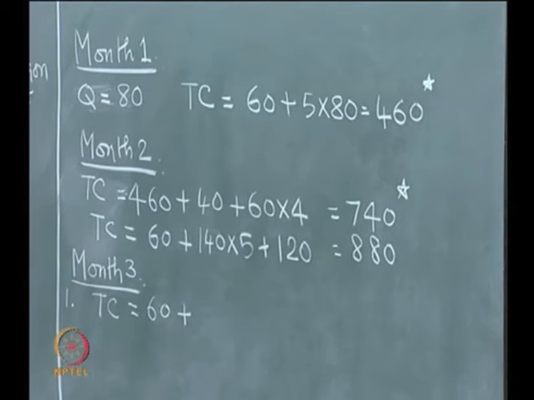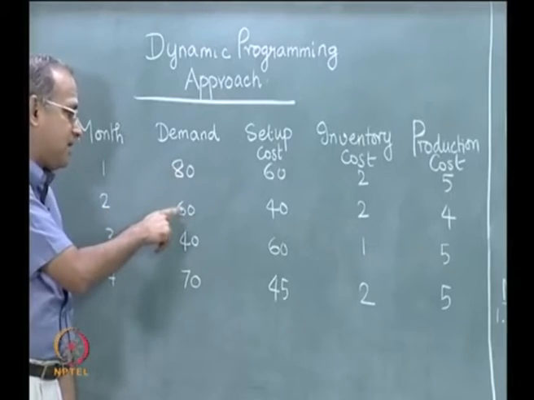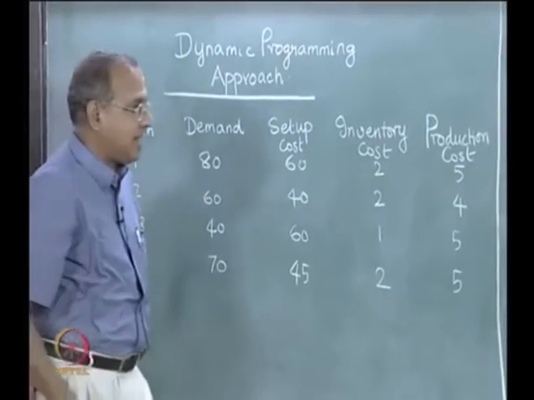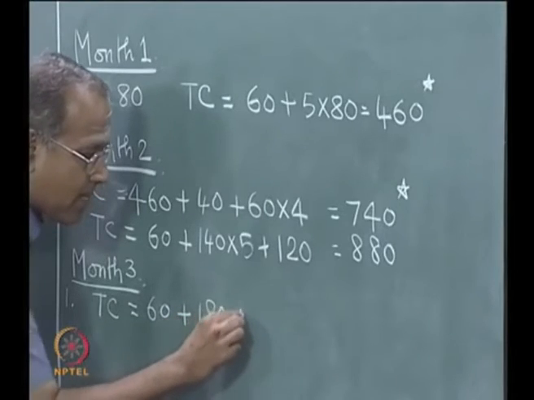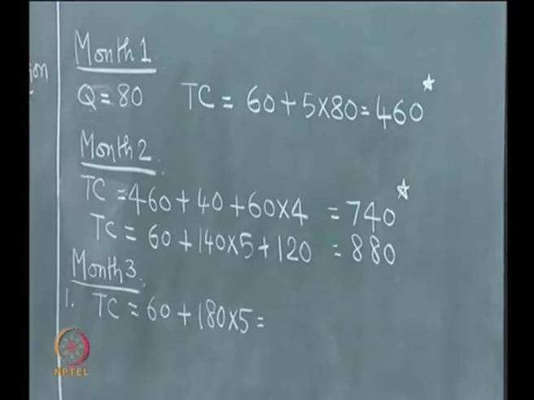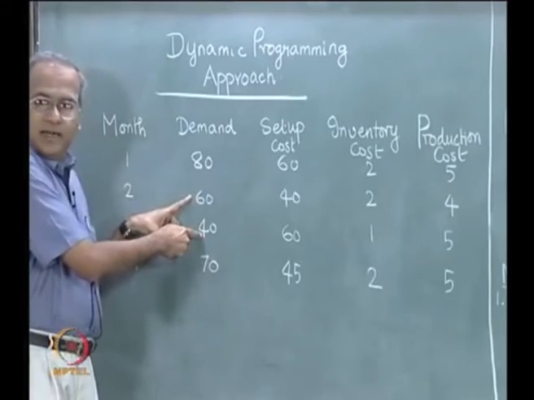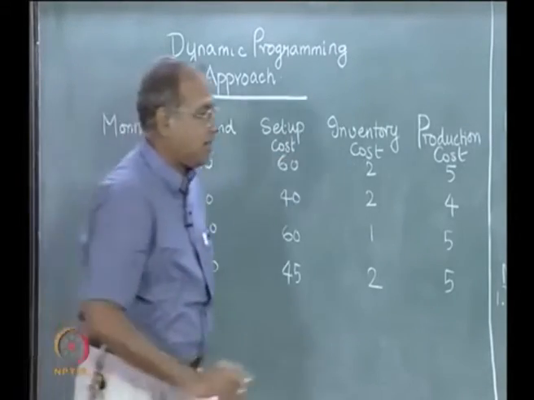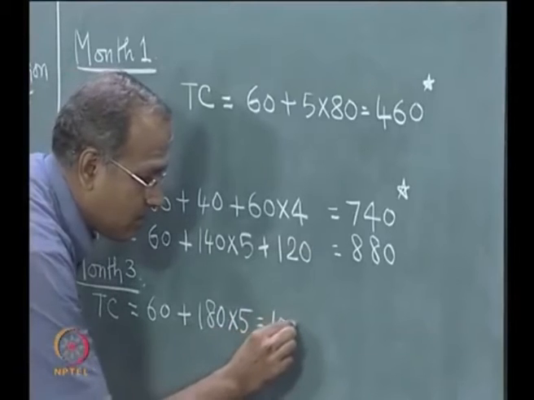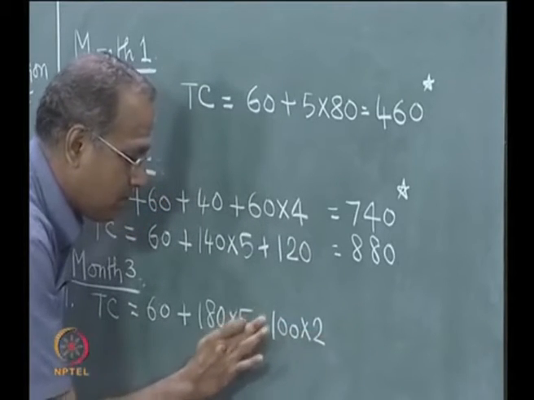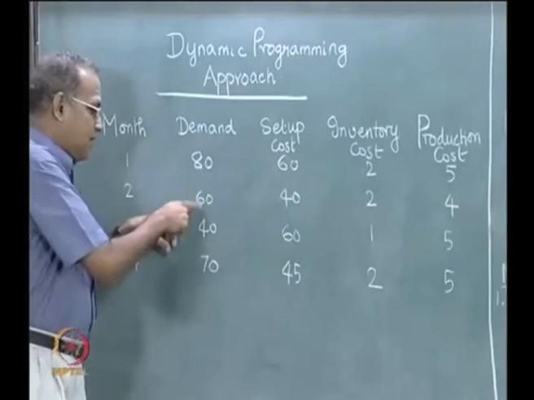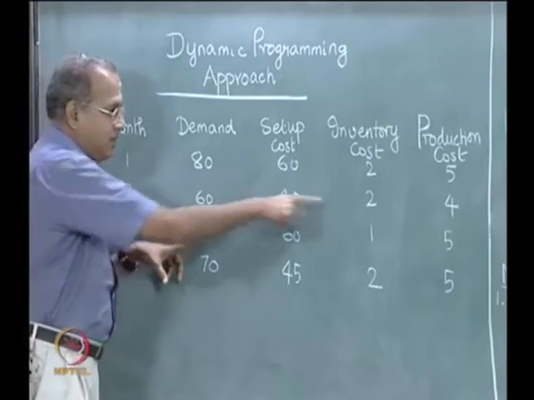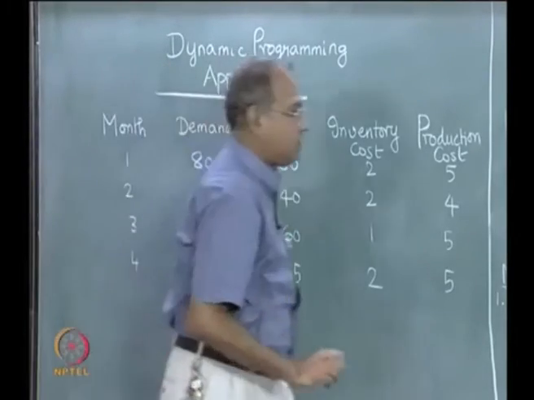The total quantity produced is 60, 80 plus 60 is 140, plus 40 is 180. 180 into 5, which is 900, plus 100 units are carried at the end of the first month, so 100 into 2, plus another 40 units are carried at the end of the second month, so plus 40 into 2.